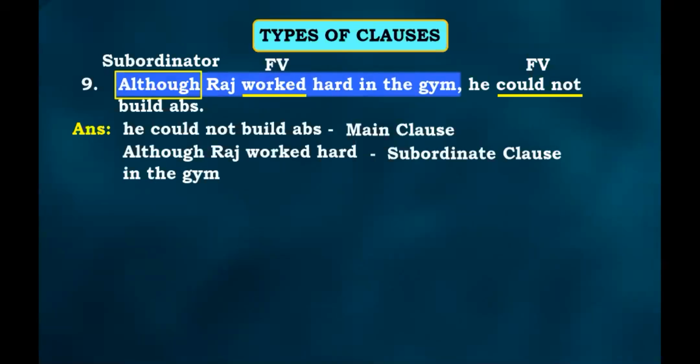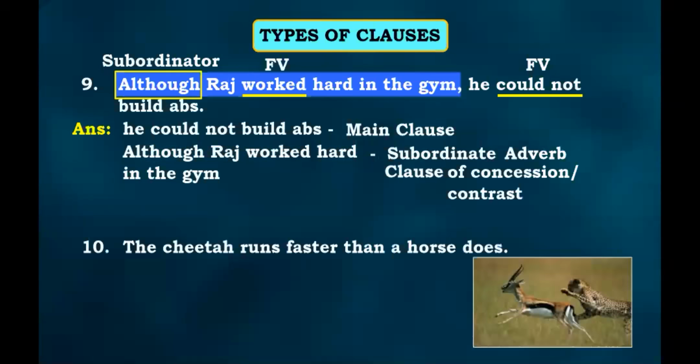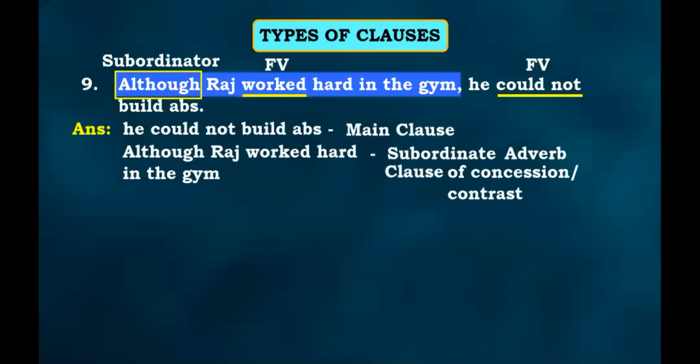Now, the relationship of the main clause and the subordinate clause is very opposite. You know, कोई मेहनत करता है तो पास कैसे नहीं होता? ऐसे तो wrong हो गया ना? So when the main clause and subordinate clause, they do not agree with each other. They are contrast. Okay, they are opposite of each other. Okay, and this is not normally what happens. We have the subordinate adverb clause of concession or contrast.